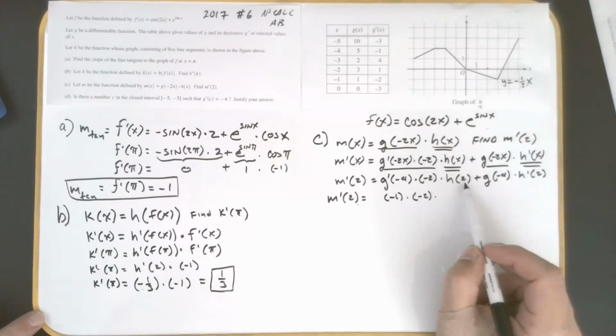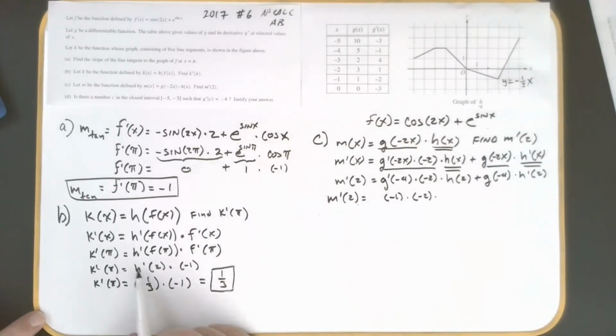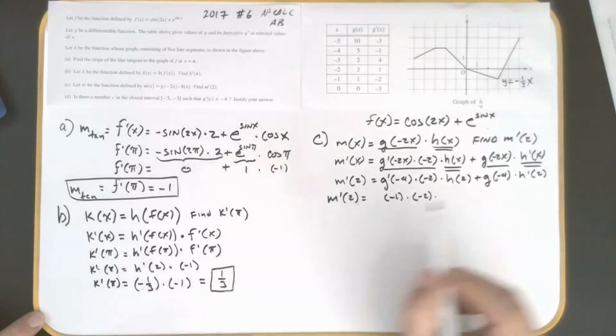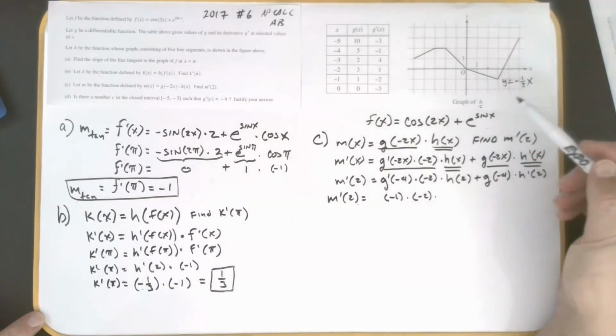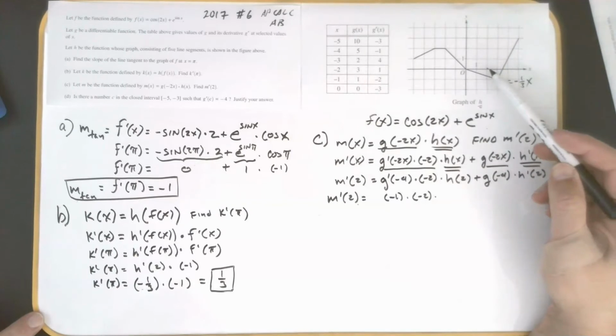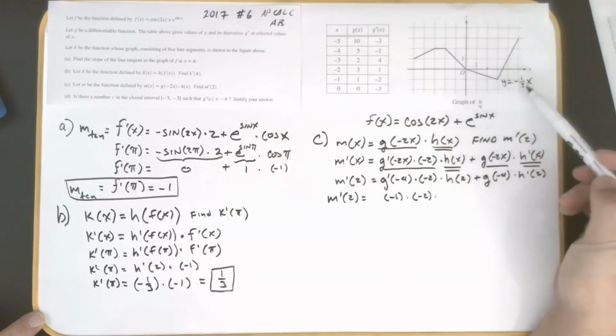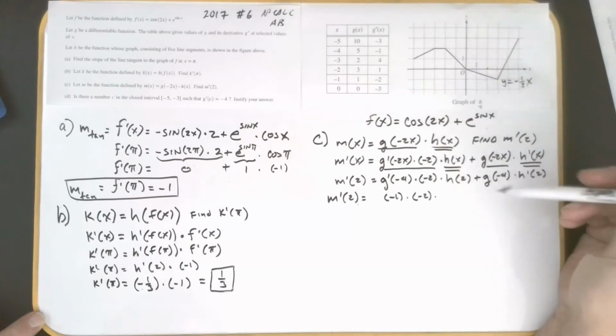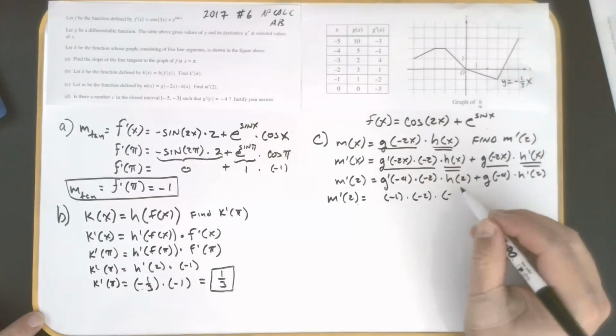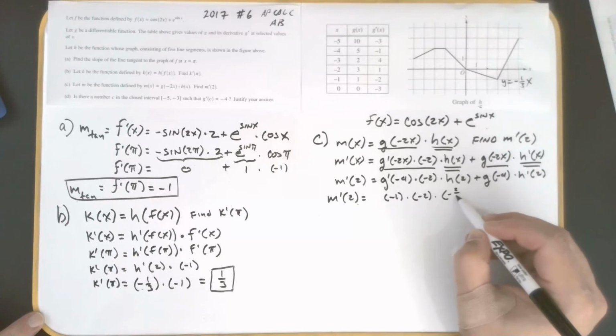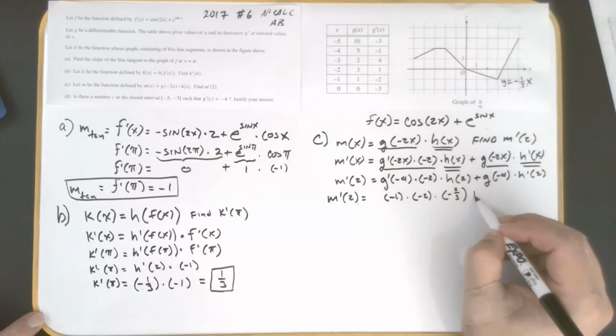Well, now, if you remember back over here, we were dealing with h prime of 2 right there. In the function, I got negative 1/3, but this is saying h of 2. So if this is the graph of h, all we have to do is just go to 2. Well, at 2, we would drop down to negative 2/3. 2 times negative 1/3 is negative 2/3. So seems a bit weird, but it is a fraction value.